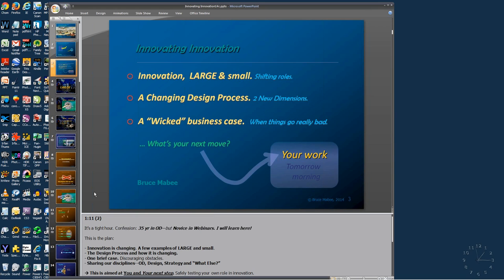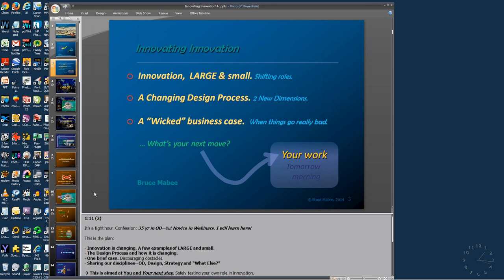This is the agenda, and it's a tight one anyway, even without my technical glitch. The plan is to start with innovation, to look at some of the simple changes that I think are profound within the fields of innovation, within the roles that are played with innovation.